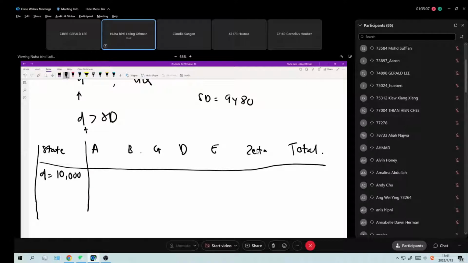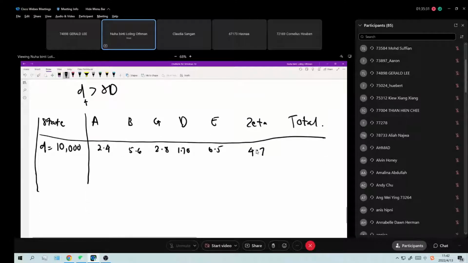Based on this, you divide by the population. This one becomes 2.40, this one 5.6, this one 2.8, this one 1.7, this one 6.5, and this one 4.7.